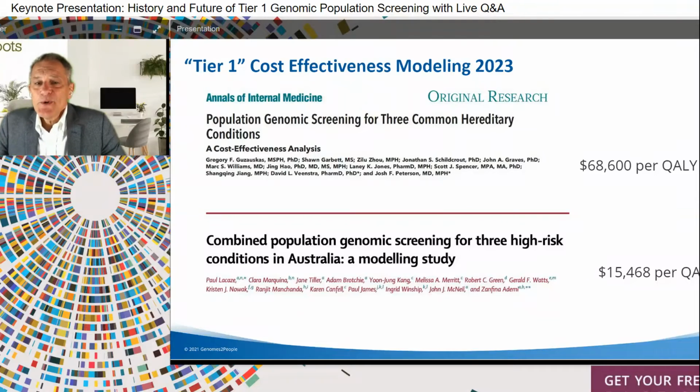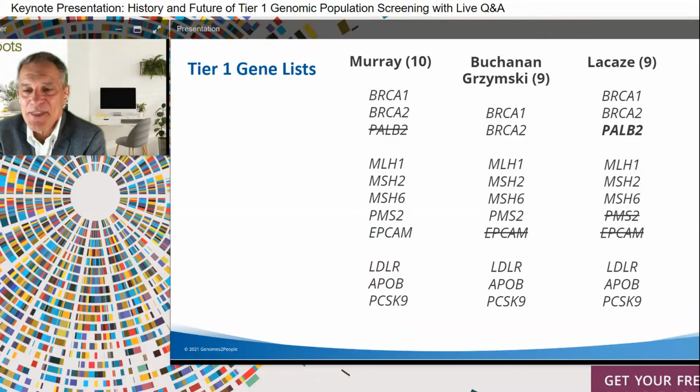Moreover, remember I said that these were conditions and not genes. It turns out, just to make the plot a little thicker, that when Mike wrote his papers, he was envisioning a list of 10 genes for the 3 conditions. As you can see there, it did not include PALB2. When Adam and the Healthy Nevada folks wrote their papers, it was 9 genes, and didn't include PALB2 or EpCAM.